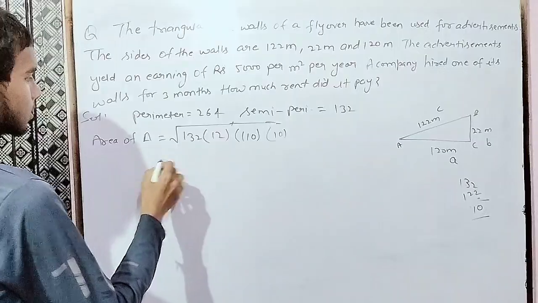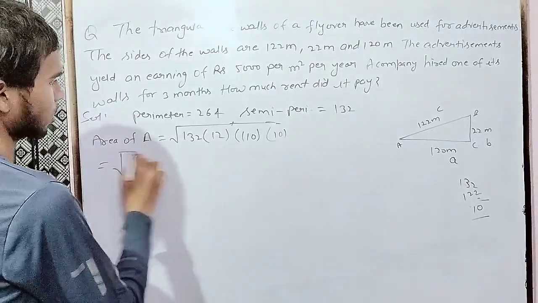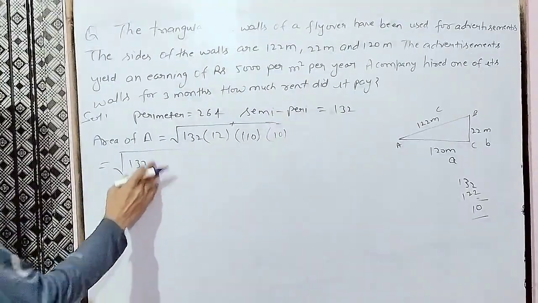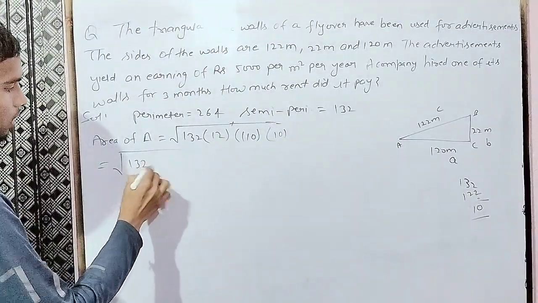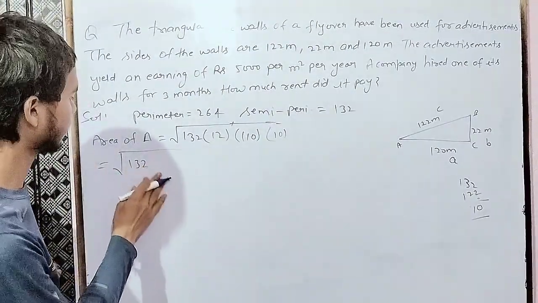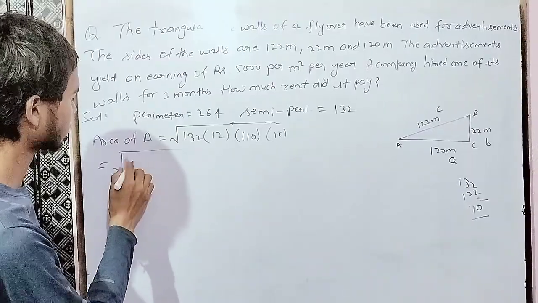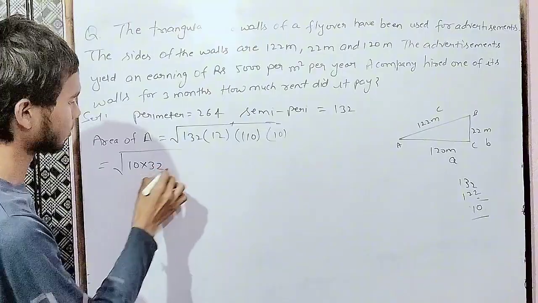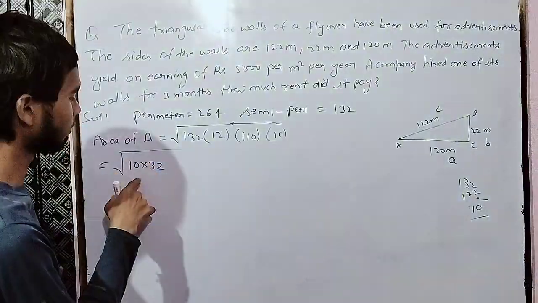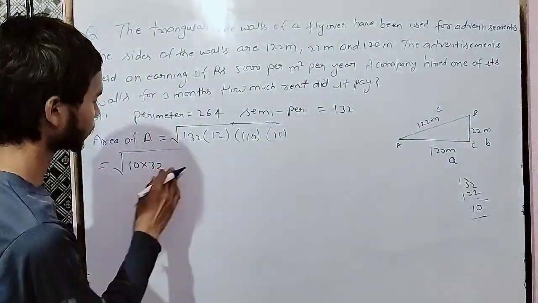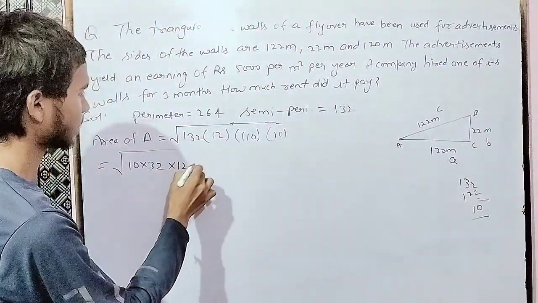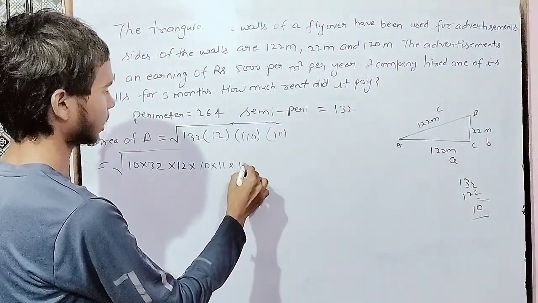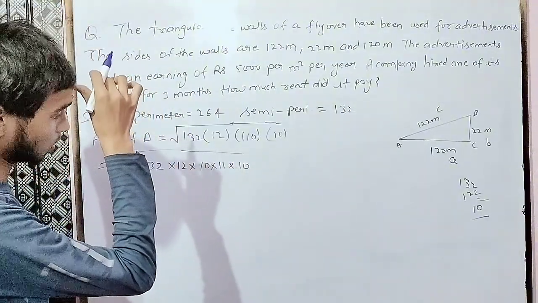We will simplify it. 132 multiplied by 10. Here we can factor it to make it easy to simplify. So 10 multiplied by 32, then 12, and 10 multiplied by 11.